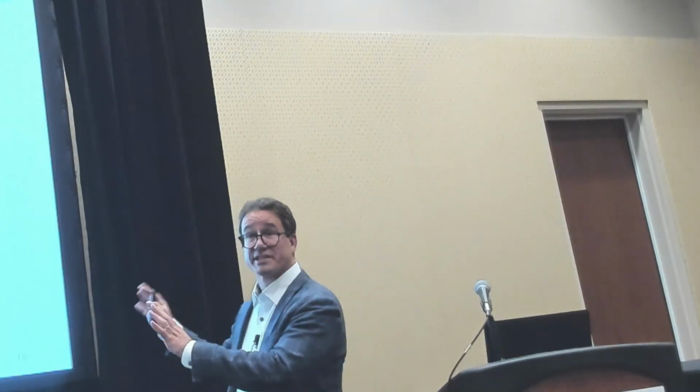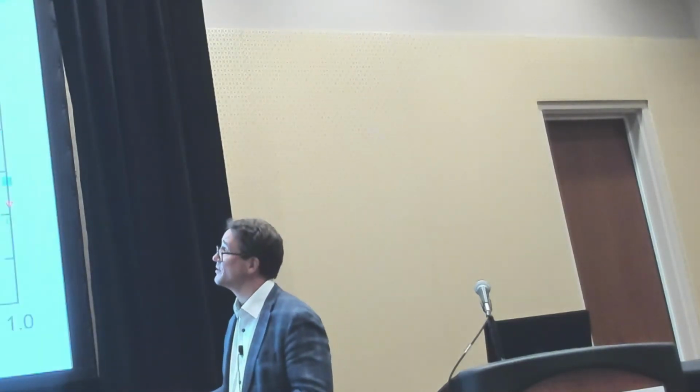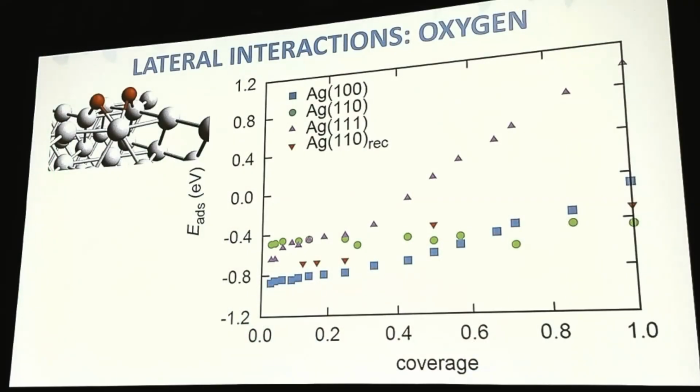Of course, the reaction landscape is one thing. We need to do kinetics to understand what is going on under the conditions where this reaction happens. And before that, we need to figure out how all of these reaction intermediates compete with each other.